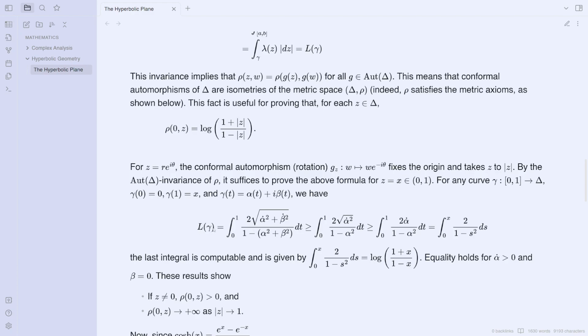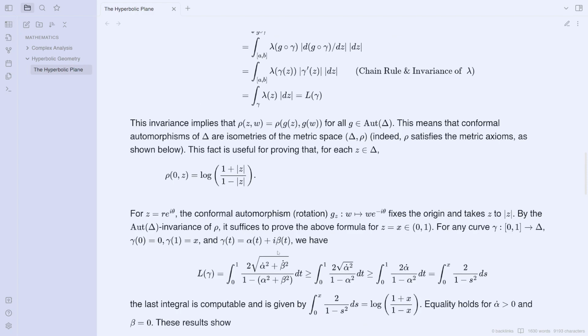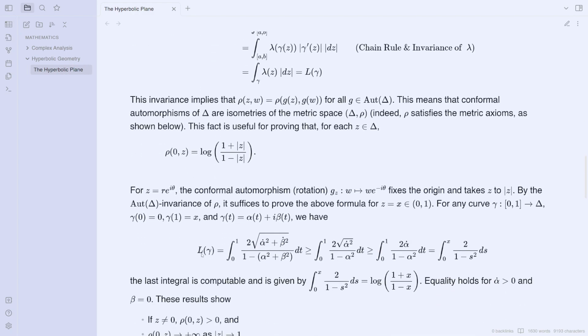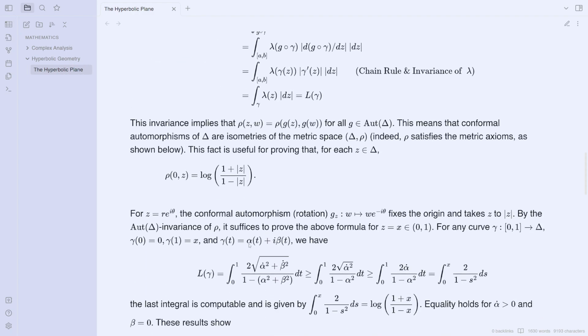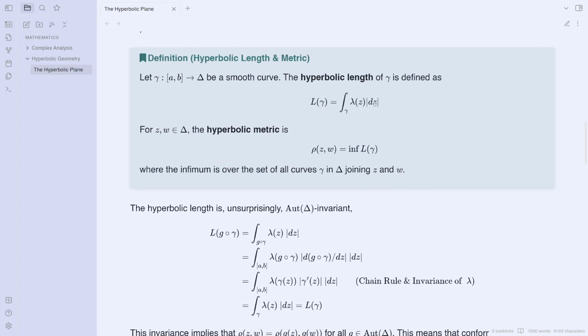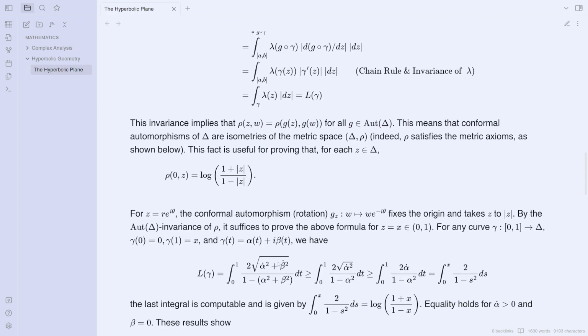Again, some more practice with this. The length of any curve, alpha t plus i beta t. If I plug in here gamma, so the absolute value of d gamma, what am I going to get? Well, I'm going to get the modulus of gamma, so the square root of its real part squared plus its imaginary part squared.